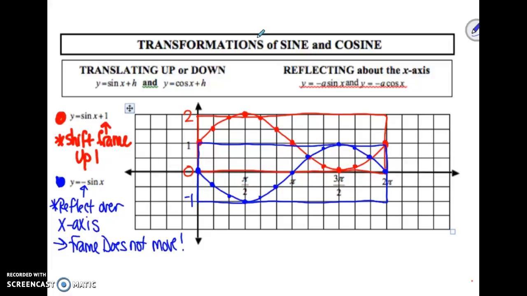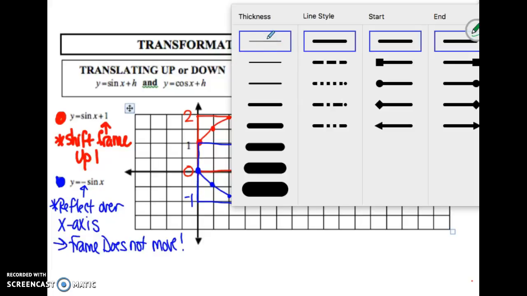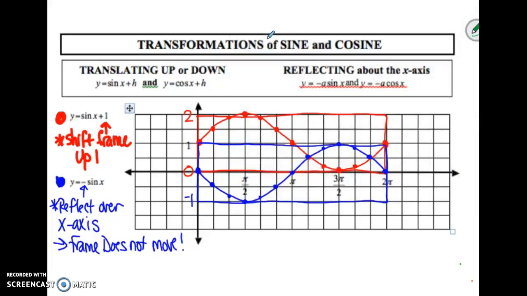And again, just in case you've forgotten, the parent graph, perhaps we should have started with that first. My parent graph here of sine normally would look like this.